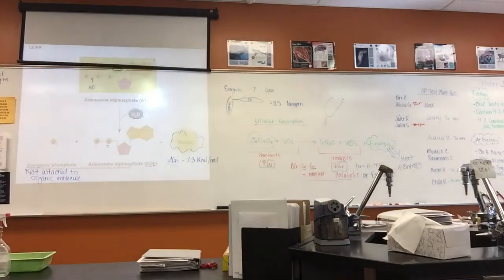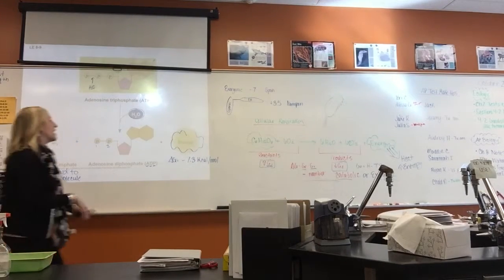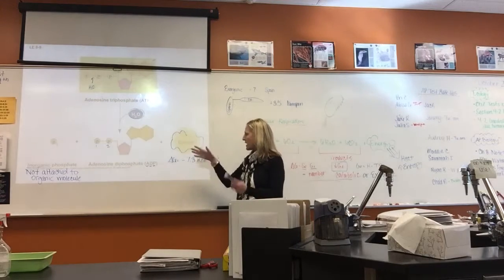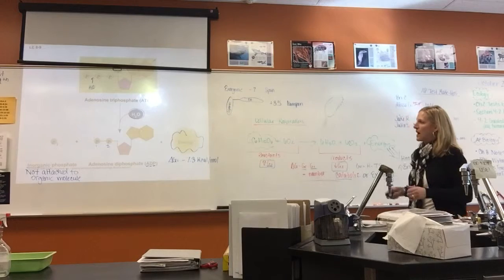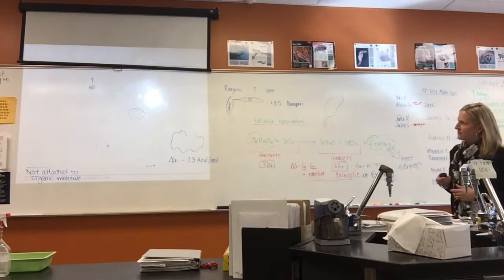This is what we measure energy in food. When you read the back of food labels and it tells you how many calories are in it, it's a big C calorie, or really it's telling you kilocalories. It's a unit of measurement of energy, and so this is how much energy is released. The negative just tells us it's released. 7.3 is the quantity. You don't have to memorize that number or anything like that.